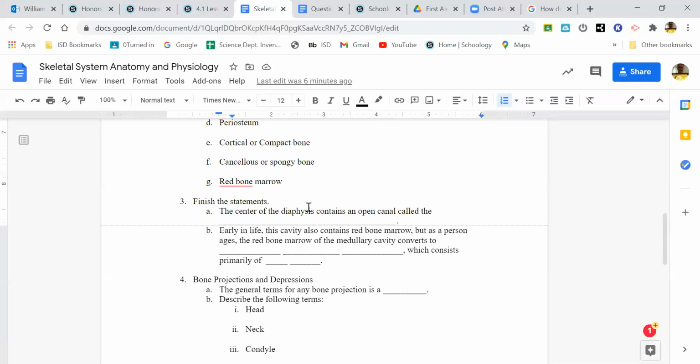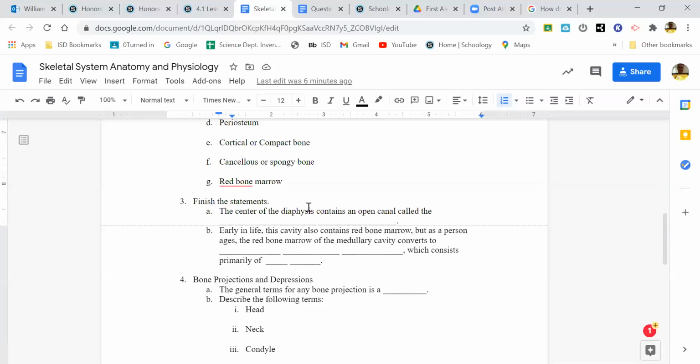Could you repeat the sentence again? It is called the medullary cavity. M-E-D-U-L-L-A-R-Y. And then medullary cavity. Yeah, that's 3A.